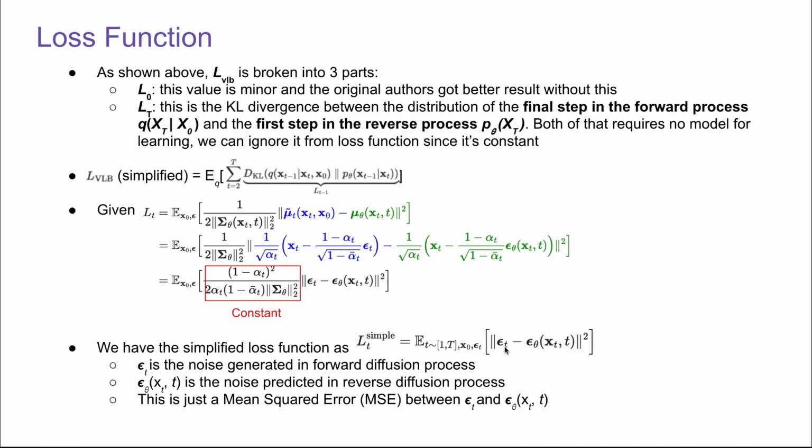It's basically a mean squared error between epsilon t and epsilon theta given xt and t. Epsilon t is the noise generated in the forward diffusion process. Epsilon theta given xt and t is the noise predicted in the reverse diffusion process. So now the loss function is also really simple.